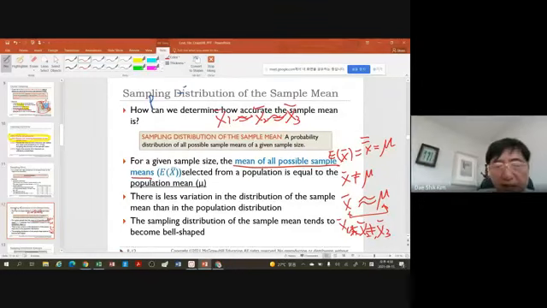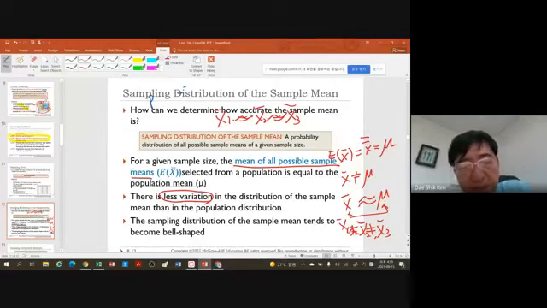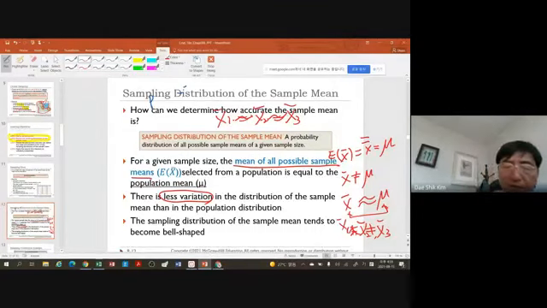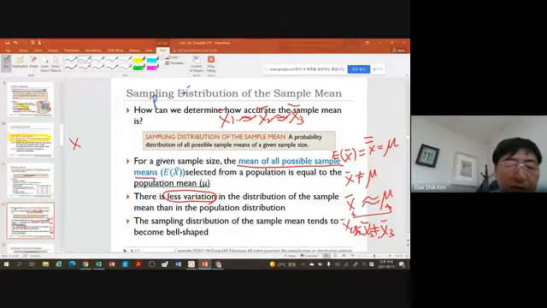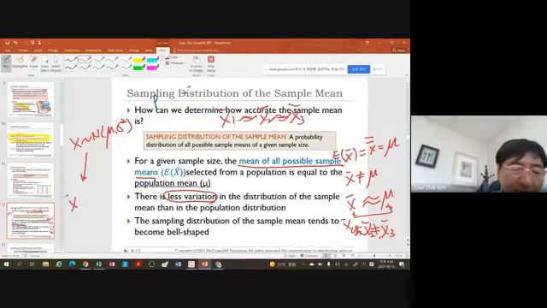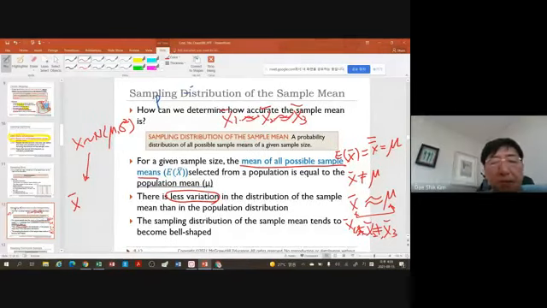So it means there is less variation in the distribution of the sample mean than in the population. The original x will follow a normal distribution in the population, for example, with average mu and standard deviation sigma. But what is the distribution of x bar, the sample mean?